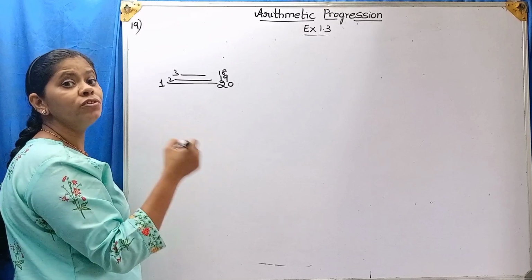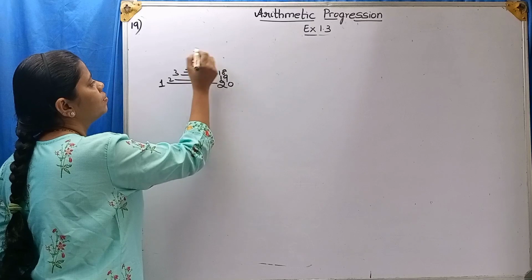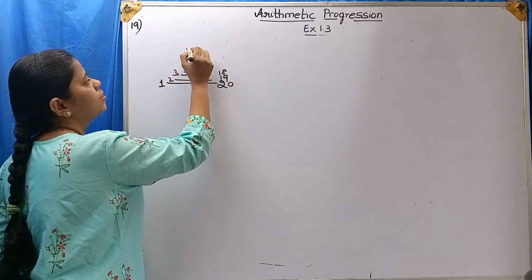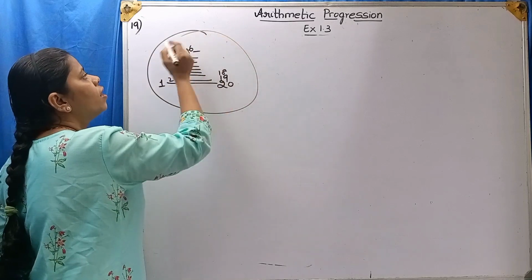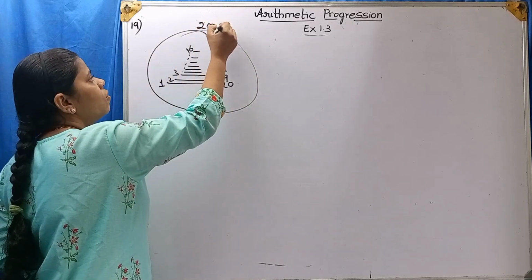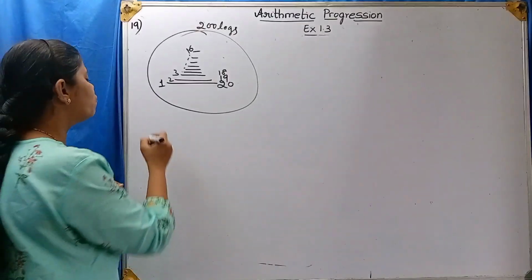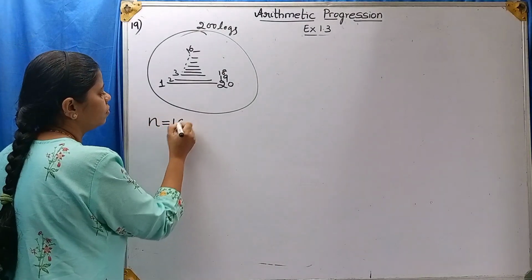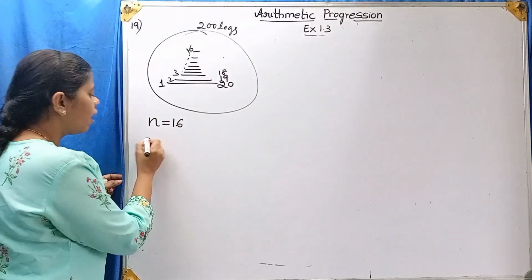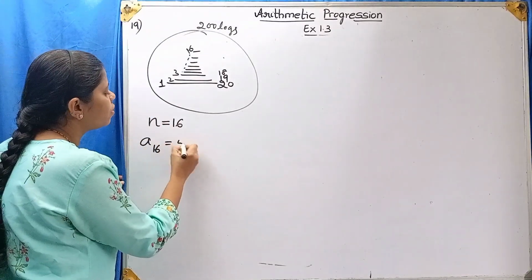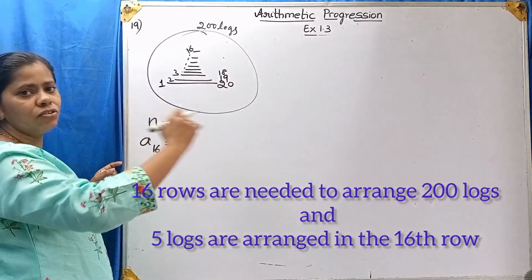Like that, how many rows do you need to arrange 200 logs? 16, isn't it? 16 rows you need to arrange a total of 200 logs. Okay, now we have found the value of n. The answer for this one is n is equal to 16, and for a16 we got 5, which means 5 logs can be placed in the top row.